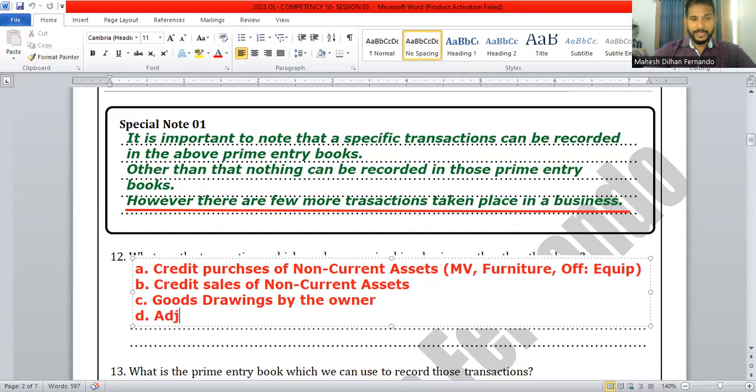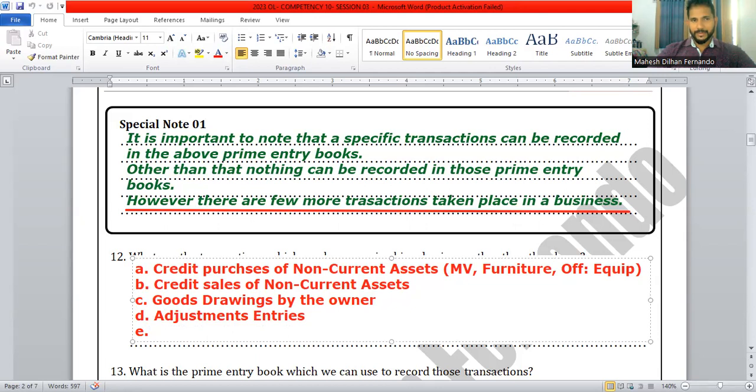That is adjustment entries. In fact, we are discussing the adjustment entries in grade 11. And then E, this one will be discussed in the last competency this year, grade 10.